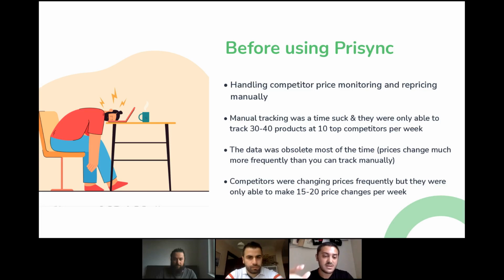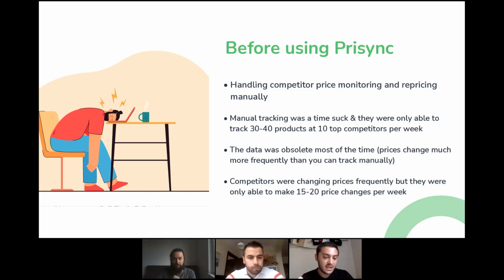With this effort, there were two main problems. One is that the data they were gathering was not reliable. Since this manual work takes a lot of time, even if they focused on a small number of products, they were only getting price information on a weekly basis, but their competitors were changing prices on a daily basis, and generally more than once a day.